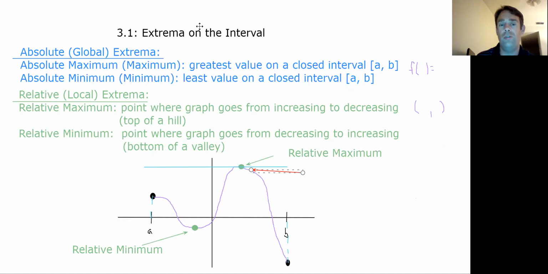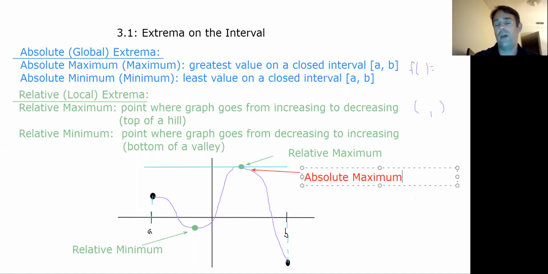There's nothing larger than it. It doesn't go any higher. So this would be an absolute maximum. So an absolute maximum and a relative maximum can be the same place, just like an absolute minimum and a relative minimum could be the same location as well. In this case, though, it's not, and we'll see that here.